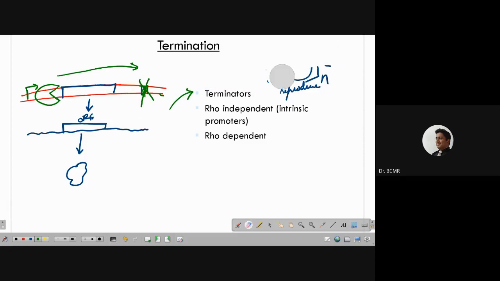One is called rho independent, and the other is called rho dependent. Rho is a protein that you will see, and if rho is involved, then you call it rho dependent. If rho is not involved, then you call it rho independent.